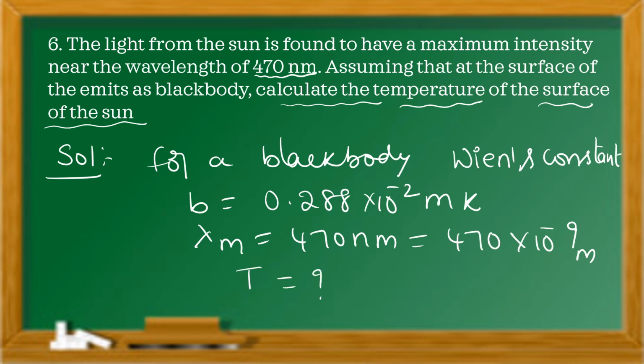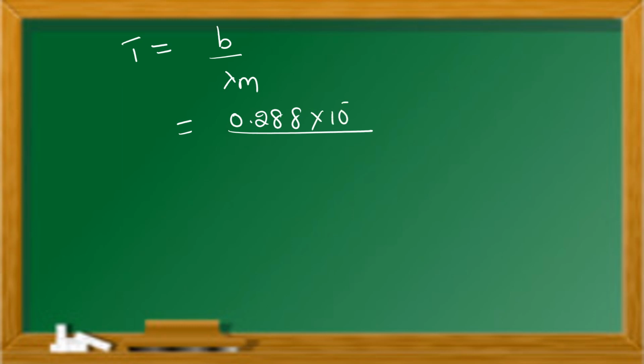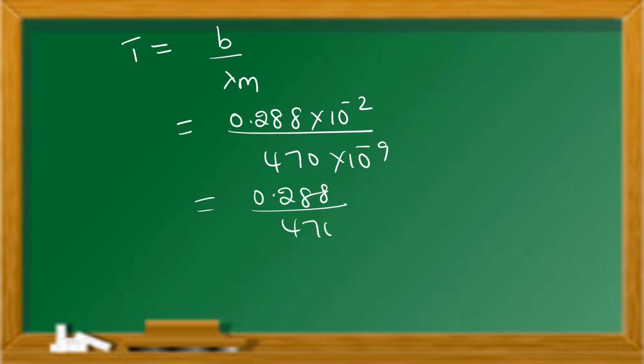From the Wien's constant formula we write T is equal to B by lambda m, that is equal to, substituting values, 0.288 × 10 to the power of minus 2 by 470 × 10 to the power of minus 9, that is equal to 0.288 by 470 × 10 to the power of 7.